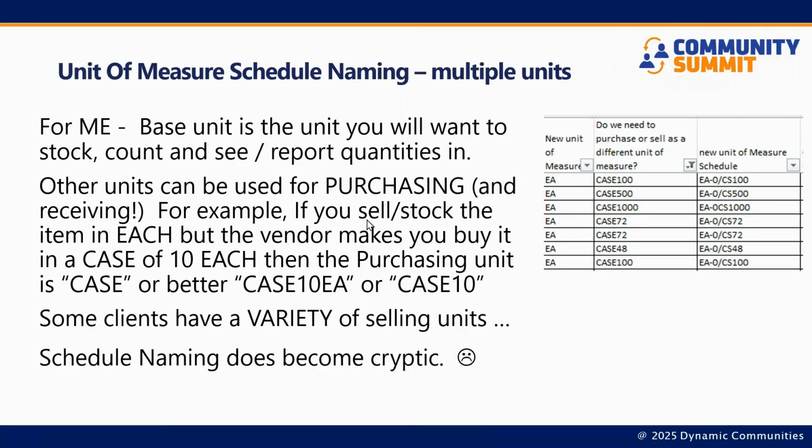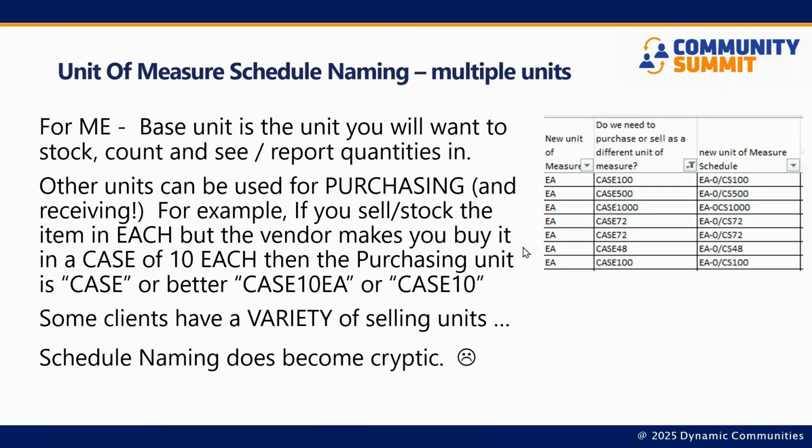If you're going to start branching into alternate units of measure, you need to make sure that your receiving people understand. If the PO is created in a case 1,000, so there's 3 case 1,000s, for example, receiving is also receiving 3 case 1,000s, but 3,000 is going to go into their perpetual inventory.